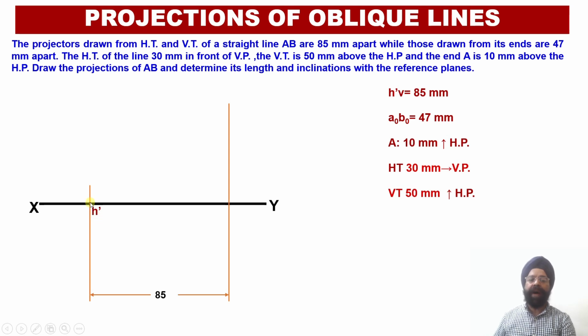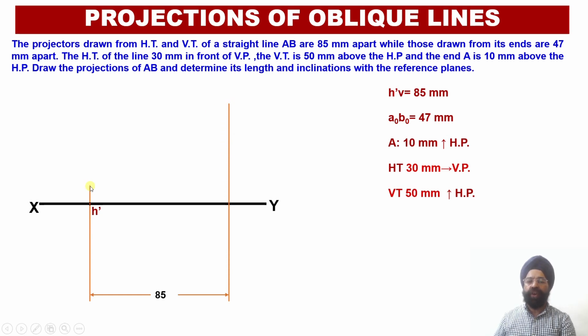There is a vertical projector drawn through point H dash, and at a distance of 85 millimeter we have drawn another vertical projector line which is going to provide the location of the vertical trace of the line.